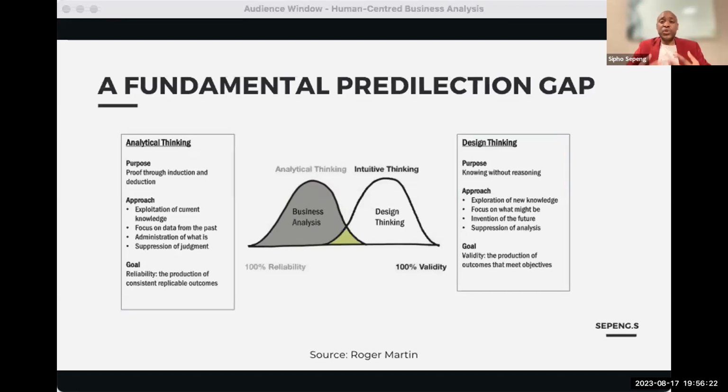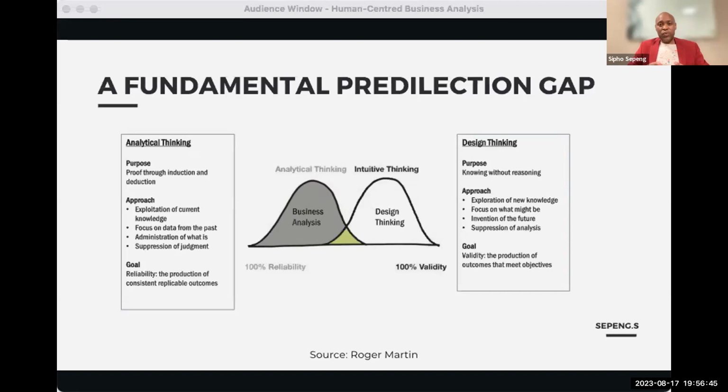And that is to future-proof ourselves, especially with the machine taking over as it's doing, as you'll see now in the next slide, with the help of Deborah. So the goal on the design thinking side is just validity. It's an iterative process.